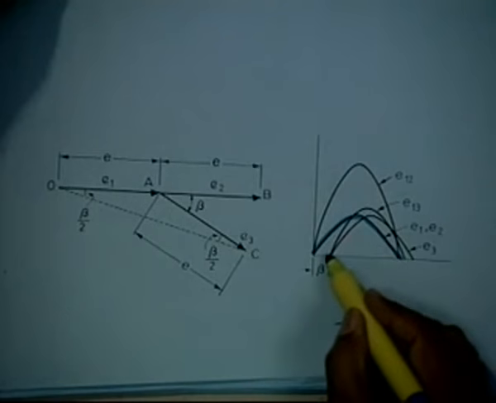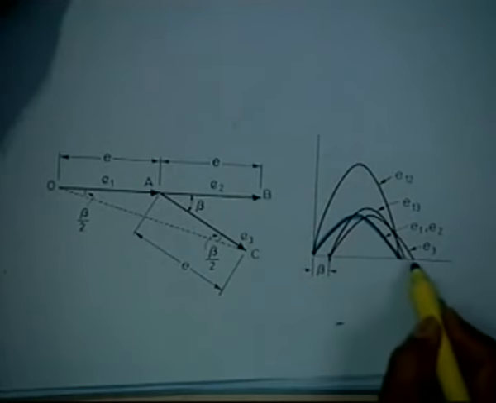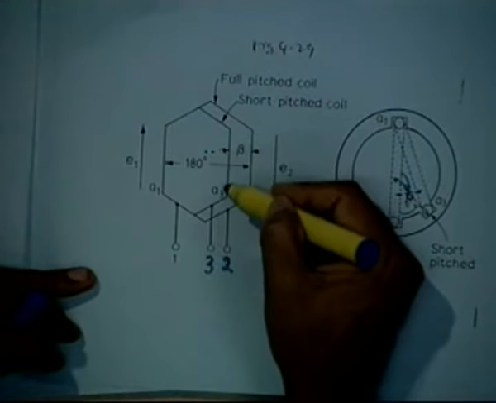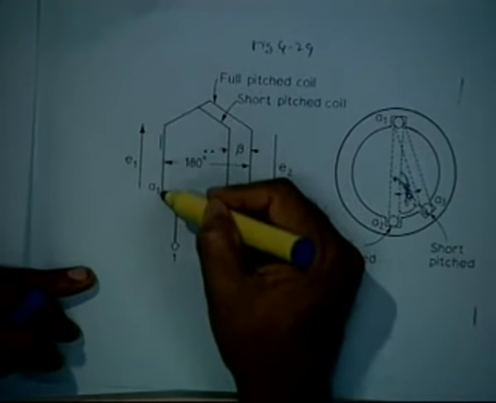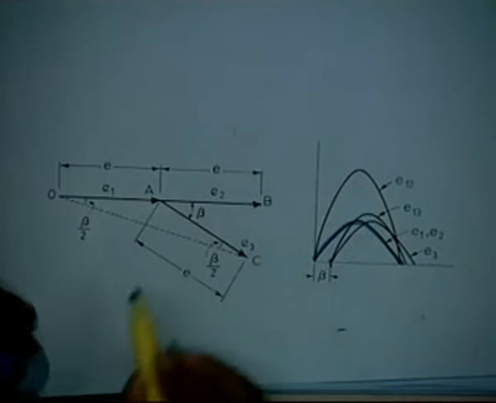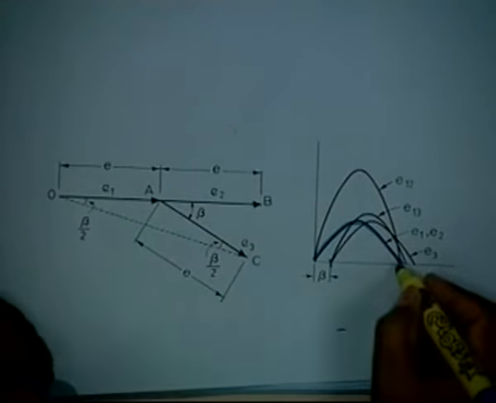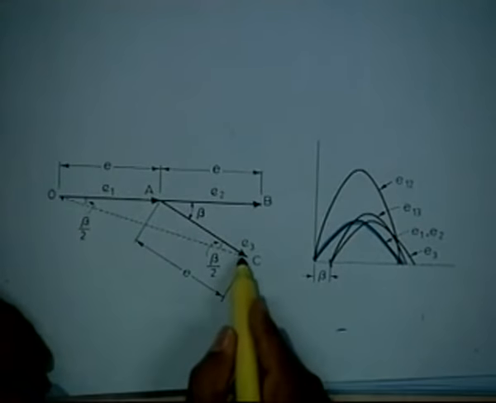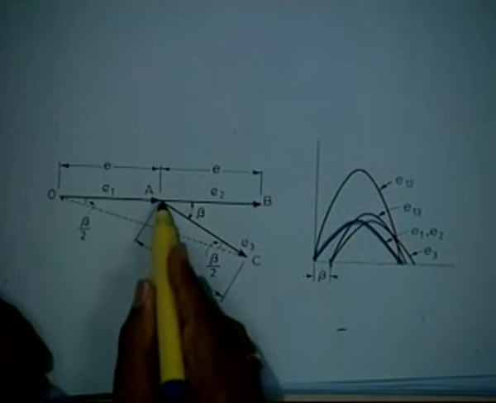Now, if it is out of phase, what will happen? The other one will be phase shifted by beta, let us say E3, that is whatever is in this coil side will be phase shifted by an angle beta. So your net voltage across the terminals will be E1 plus E3.